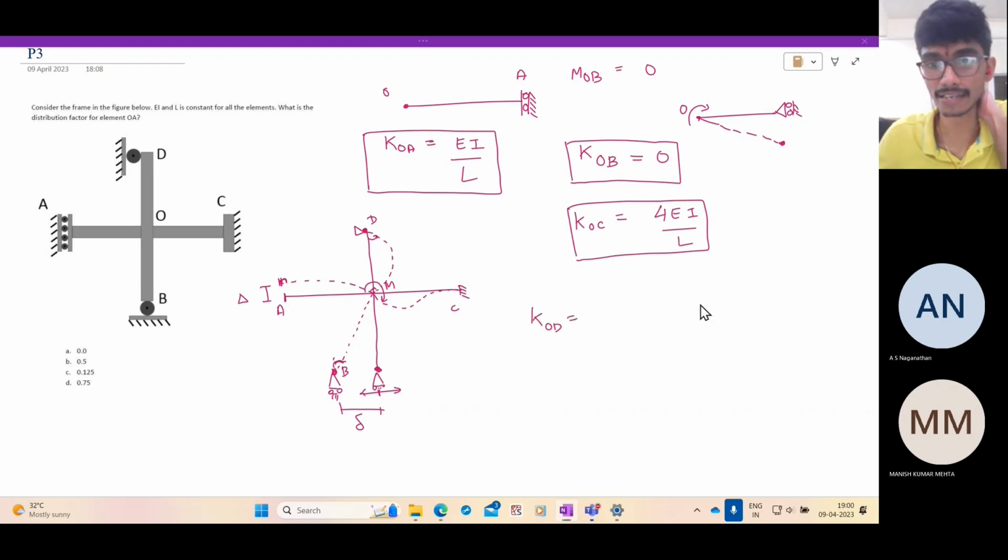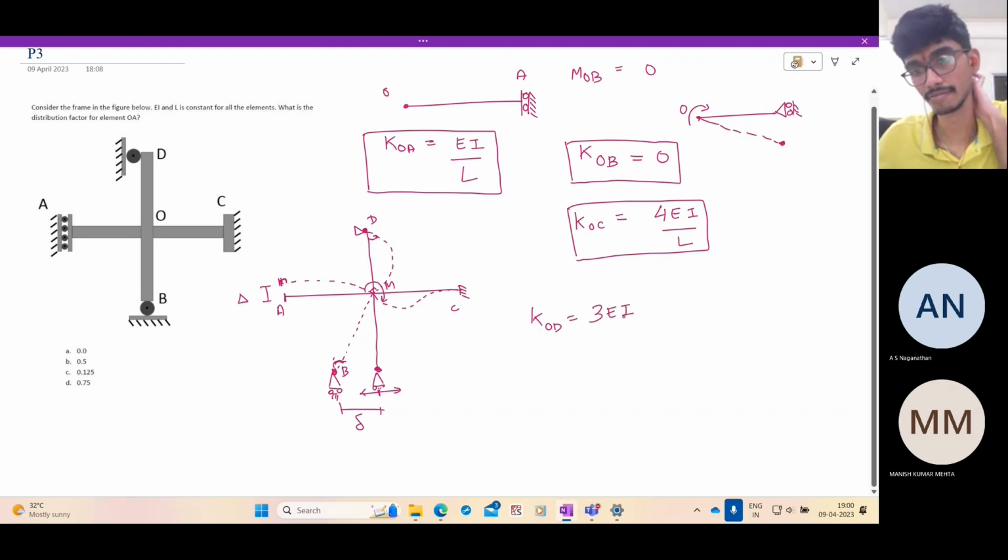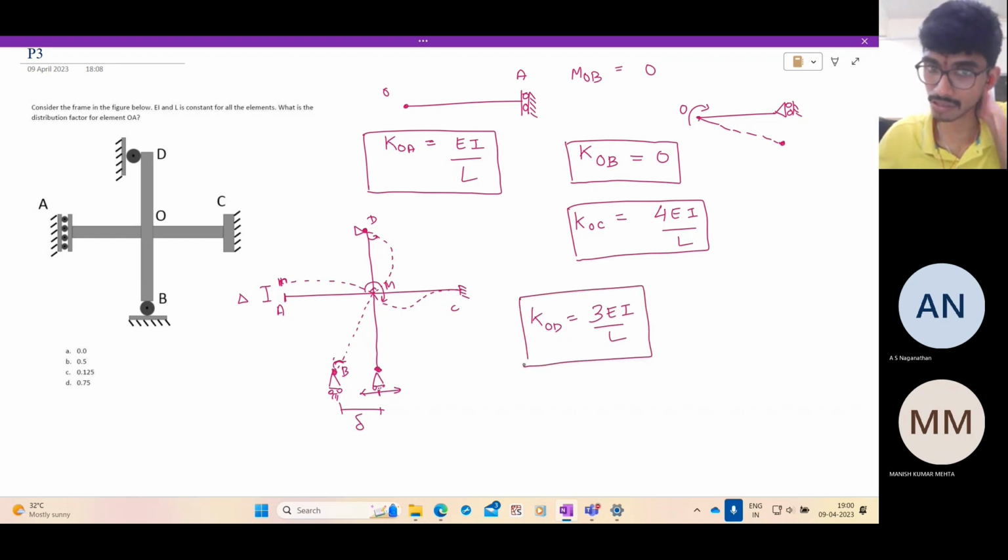KOD also we have seen in the last problem. So KOD is 3EI by L. Because OD is something like this. Applying a moment here, it deforms this way. And we can eliminate whatever rotation is happening at D, because we have 0 moment here, you can apply that and get this.